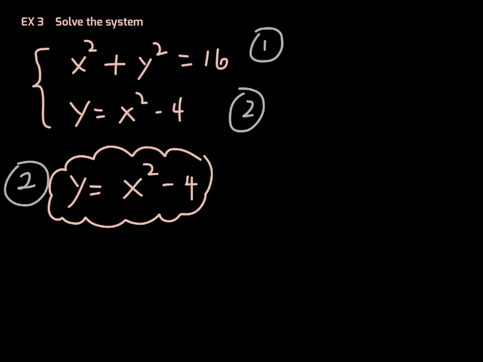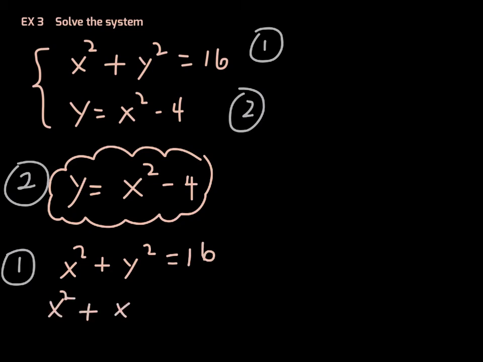Now what I want you to do is consider going to equation number 1, which says x squared plus y squared is 16. And make your substitution for y. So y is x squared minus 4. Don't forget, you have to square it, right? It's y squared. All right, cool.